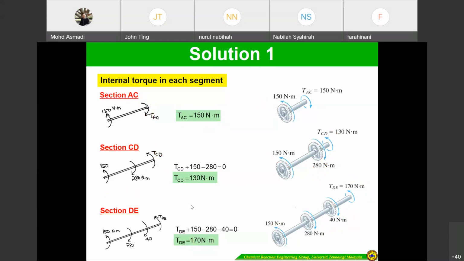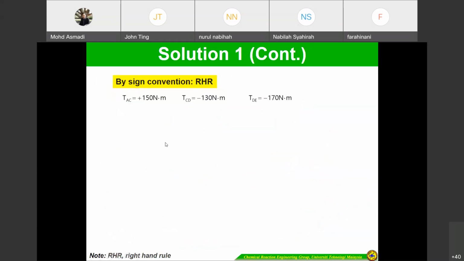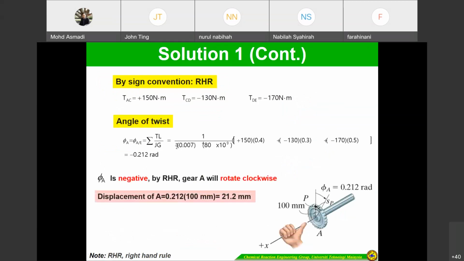So this one you just determine based on the counterclockwise and clockwise. What you have to do is the displacement at point, by sign convention, right hand rule. So you can get here that TAC is to which one?